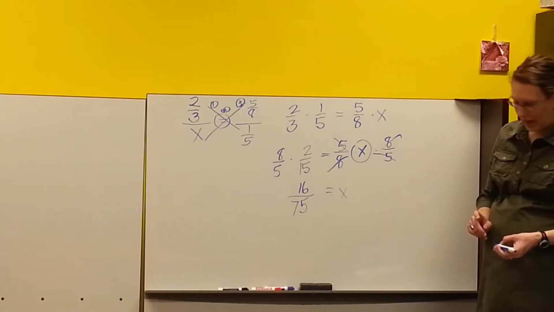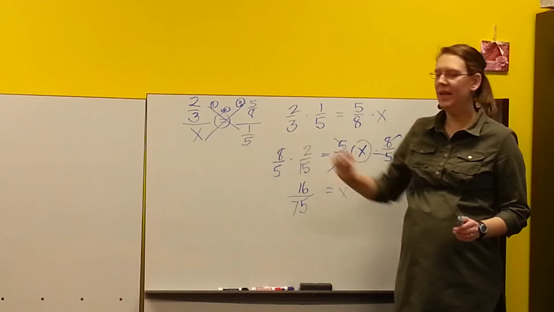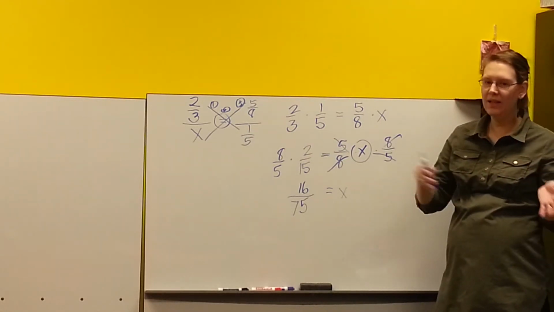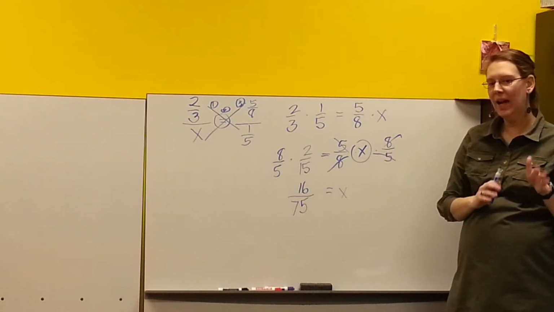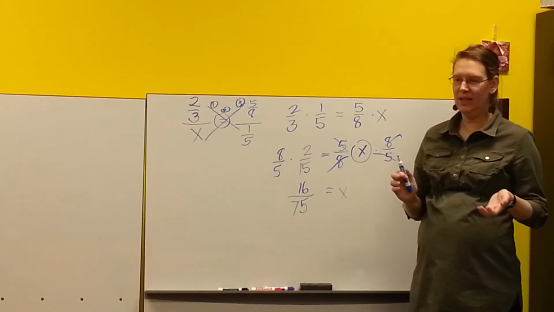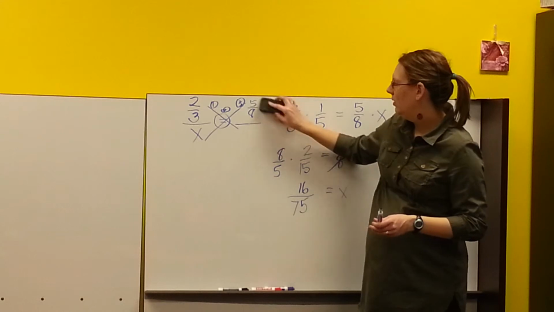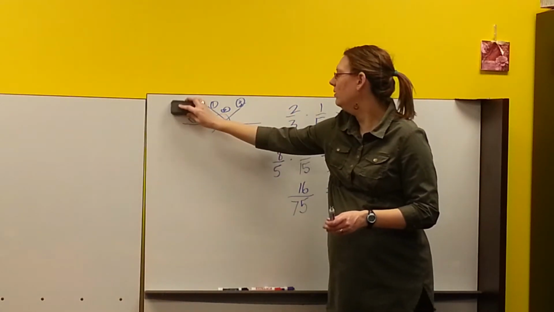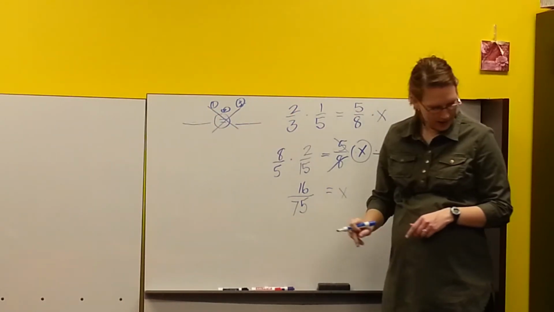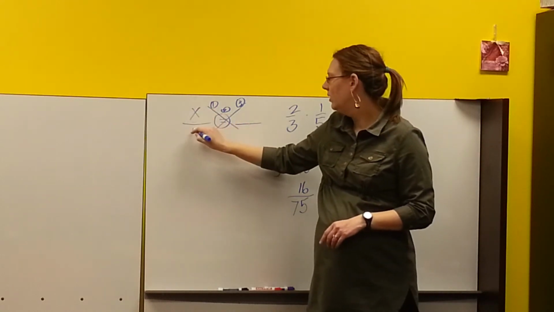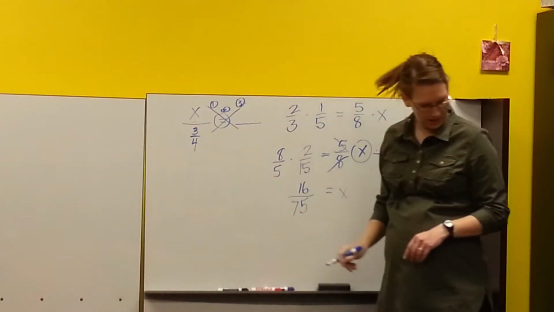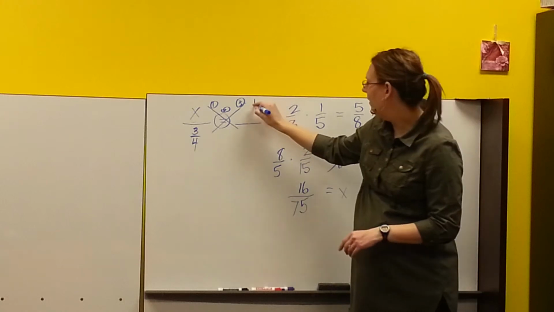Alright. Sometimes x isn't always going to be in that bottom left spot. X can move around. But no matter where x is, we're going to solve these in exactly the same way, right? So let's get rid of all those. And we've got x over 3/4 and 1/3 and 2/5.